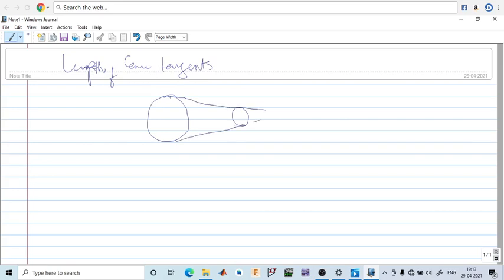Suppose I am drawing a direct common tangent like this. The radius of the smaller circle is r2, and the bigger circle radius is r1.